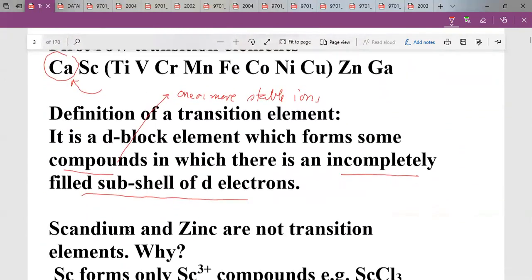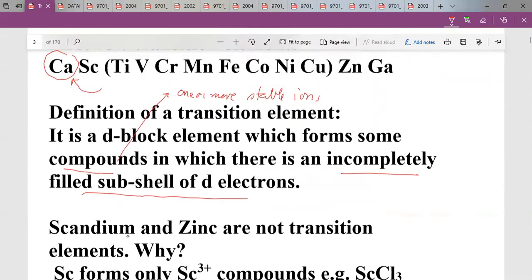Here I've got the definition from the book, so it is very detailed. First of all, it is a D block element. These are the elements that form some compounds. Remember, these are metals, with no charge, they are neutral.